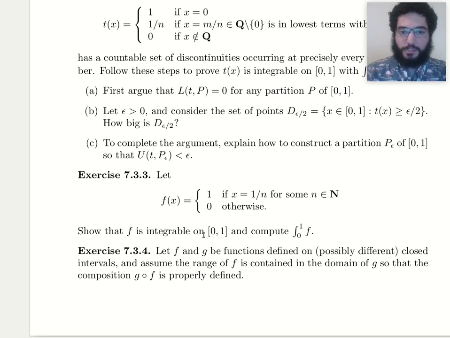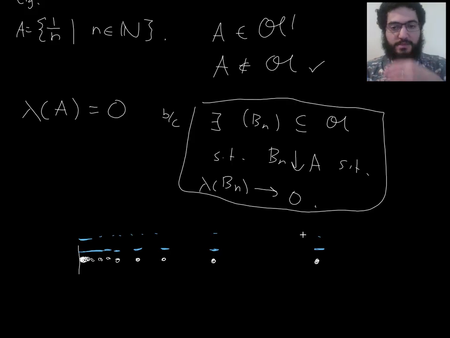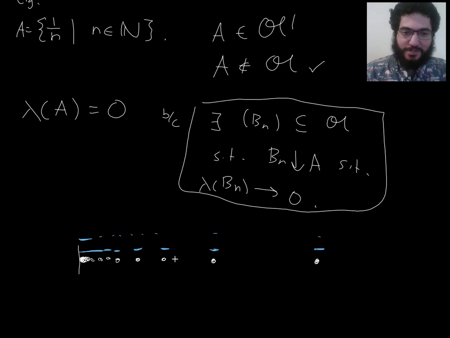And then you're trying to show that it's integrable and compute the Riemann integral. So you end up in a very similar situation, and you draw the same exact picture, right? Except now your Bn's you're thinking of as partitions, right? But you're faced with the same kind of problem.